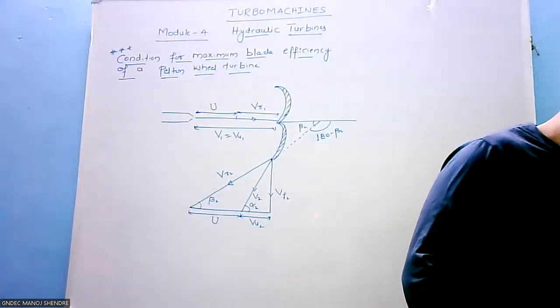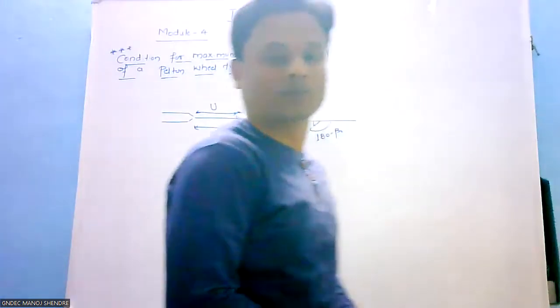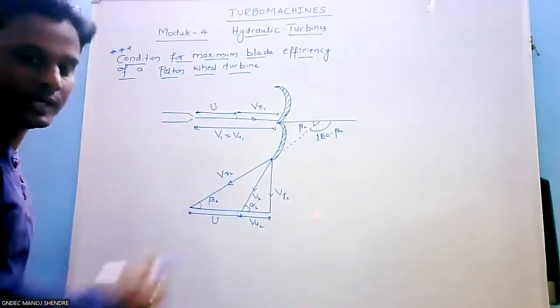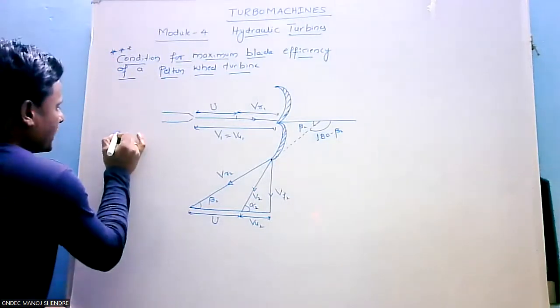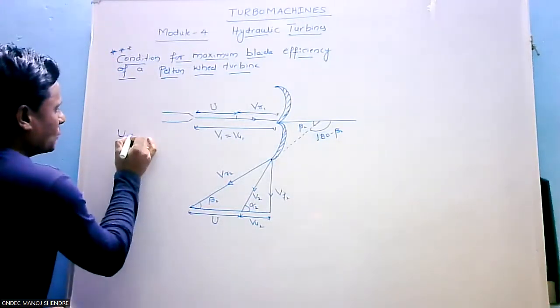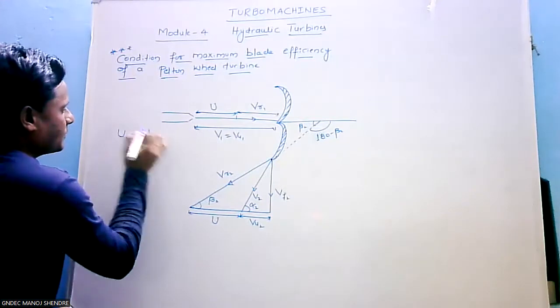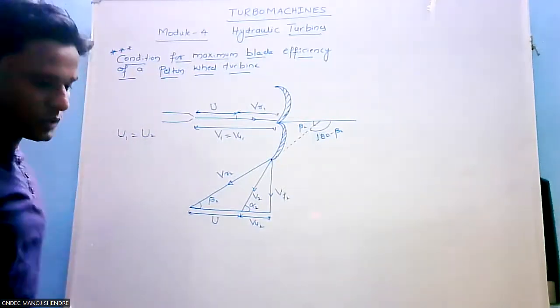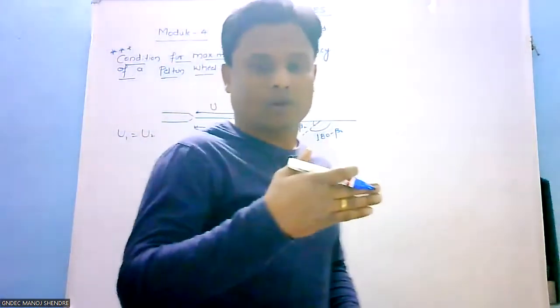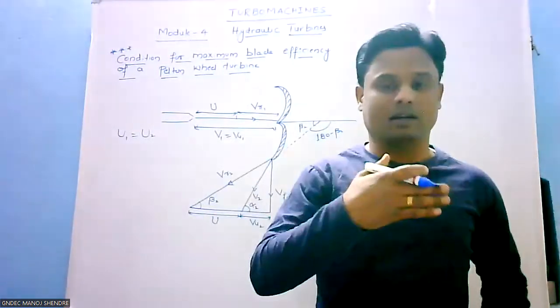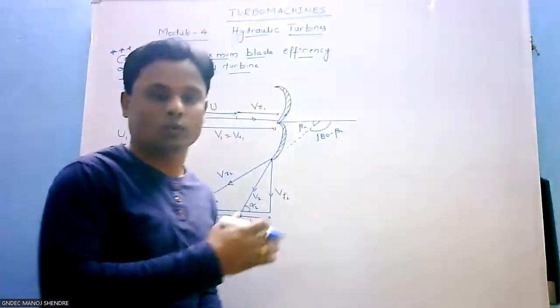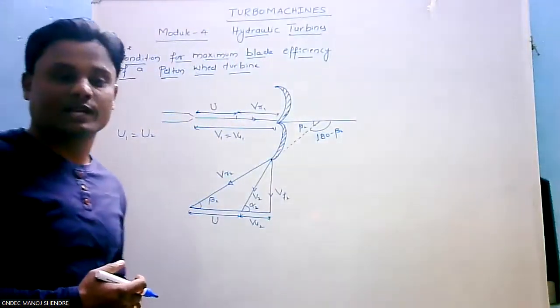You need to remember certain points related to the Pelton wheel turbine while deriving the equation. The first one is U1 equals U2. So the runner velocity at the inlet, U1, will be equal to the runner velocity at the outlet.